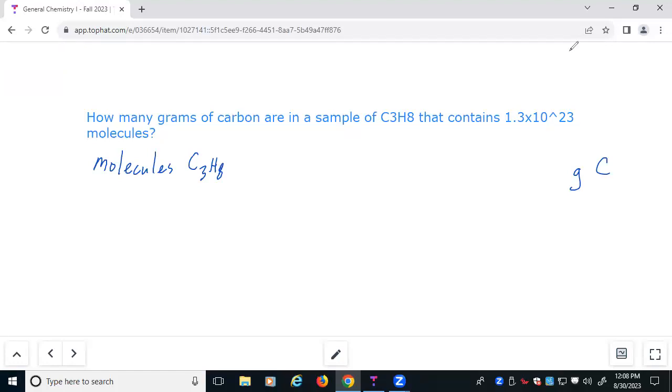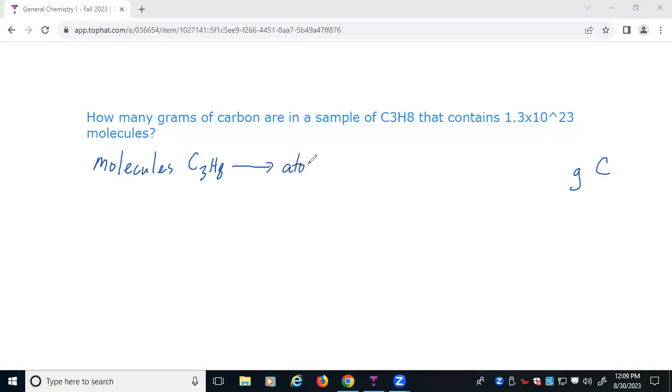And that slightly different order comes in, how do I use that chemical formula, C3H8, to go between the idea of the molecule of this compound to the individual atom of this element. And where I'm going to choose to do this is actually right here in the first step.